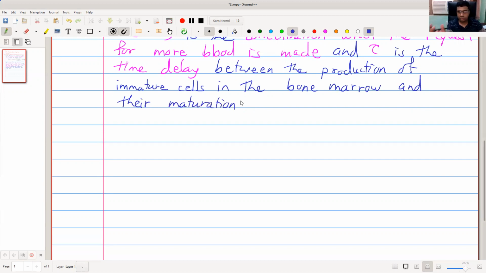Okay, so some time is required for these blood cells to mature, and that time is nothing but delay tau.